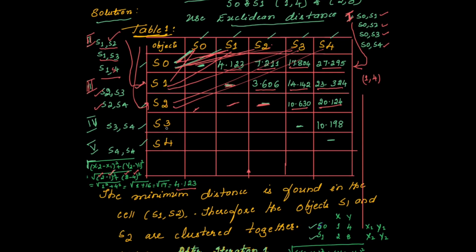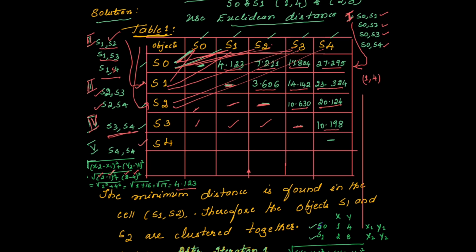Then next you have s3 and s0, which is done in the first row. S3 and s1 is done in the second row, s3 and s2 is done in the third row, s3 and s3 is not applicable, and then s3 and s4. So in the fourth row only this one is applicable, s3 and s4, and you get 10.198.